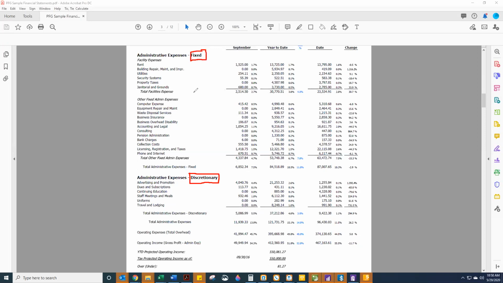Think about it. These are the costs that are not going to change much from month to month, right? You're not going to call your power company every single month and haggle over your bill. You're not going to call your phone company every single month and haggle over your bill.